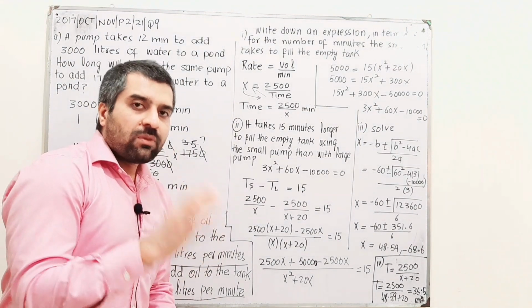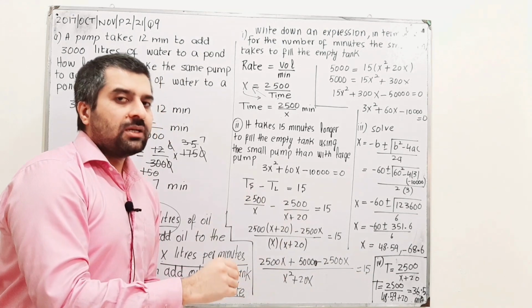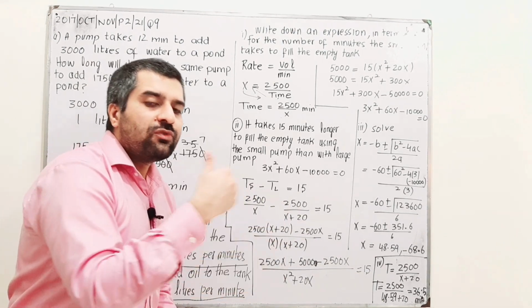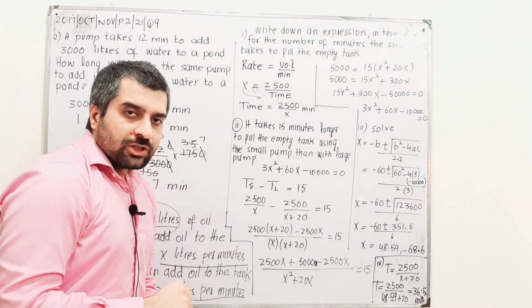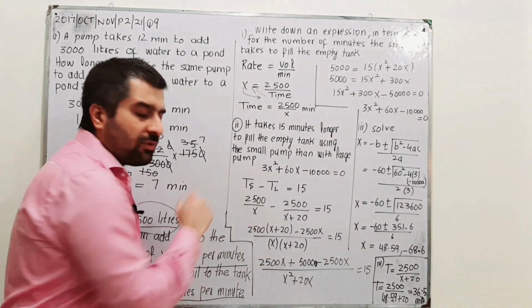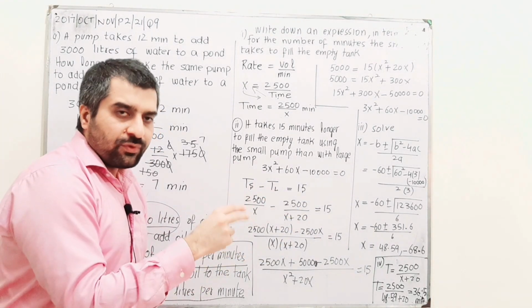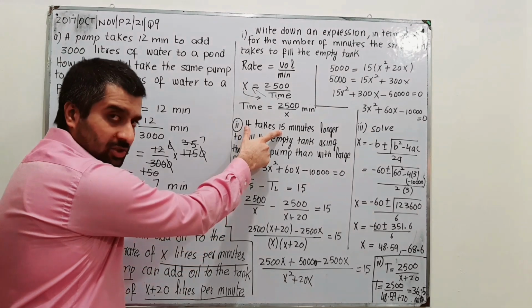The small pump takes more time as compared to the large pump, and the small pump takes 15 minutes more. So the time for the small pump will be more than the time for the large pump, and the difference of their timings will be 15 minutes as given in the question.